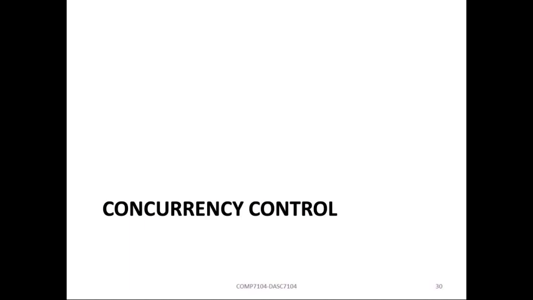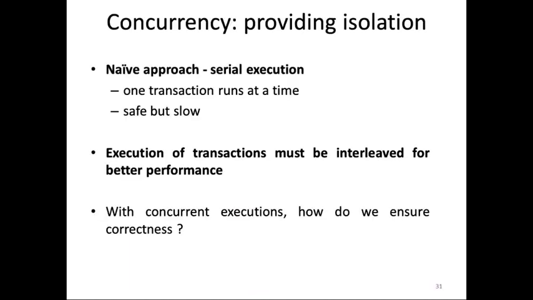Okay, so let's start now the discussion on concurrency control. And remember, there is, let's say, the easy way and the hard way for dealing with concurrency and providing isolation. The easy way, of course, means one transaction at a time, so serial execution of a bunch of transactions.